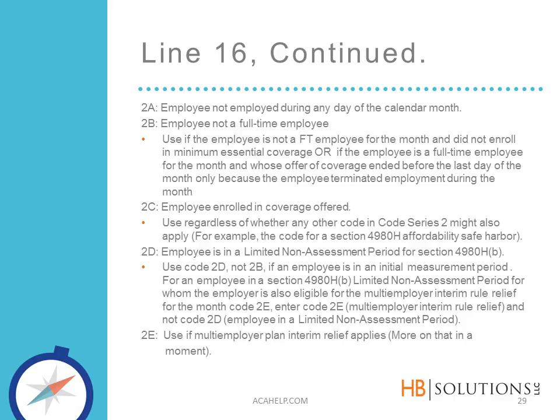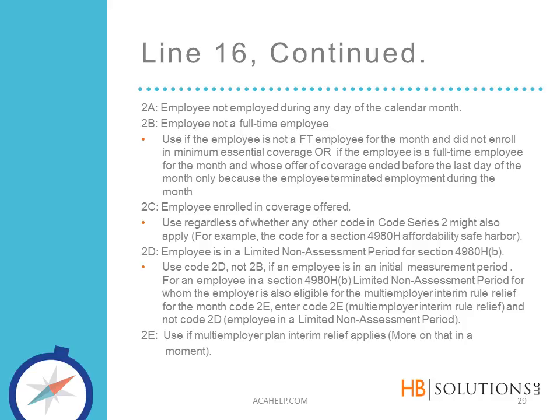2C, this will be the most important code used, and this means the employee enrolled in coverage offered. So regardless of any other codes that may apply in this line, in each month that 2C applies, you must use it. So this will trump all of the potentially applicable codes. And 2D, this will apply during any month that is part of what's known as a limited non-assessment period.